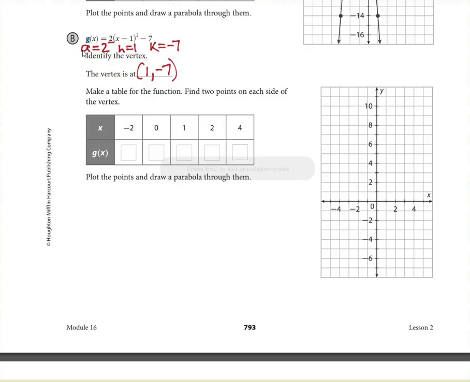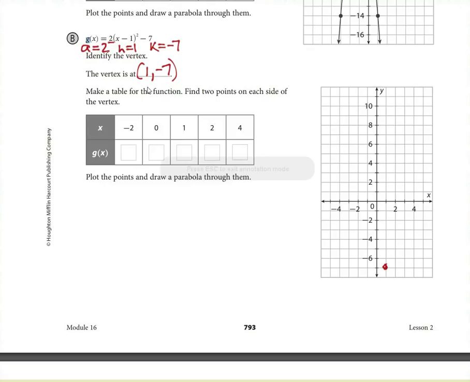They're asking us to plot some points here, which we certainly could do by typing this equation into y equals, going to the table, and getting these values from the table. But I'm going to do it a little different way. I'm going to plot the point (1, negative 7) down there.